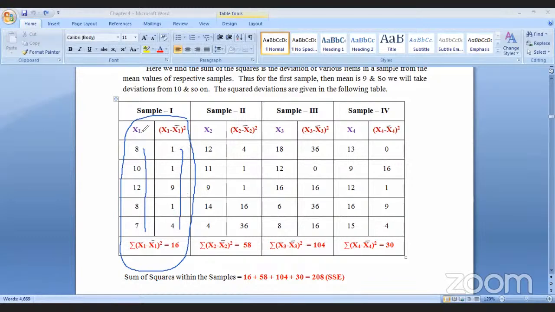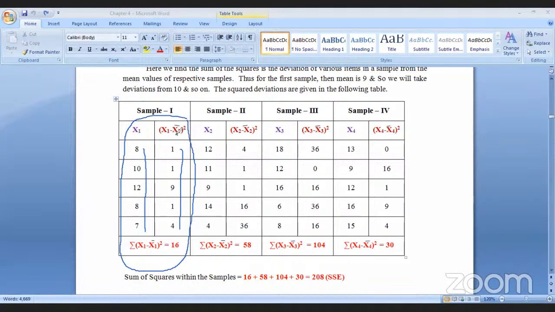So x1 minus x bar 1. X bar 1, how much? Srinivas, how much did we get for x bar 1? Look at the first table. 9.